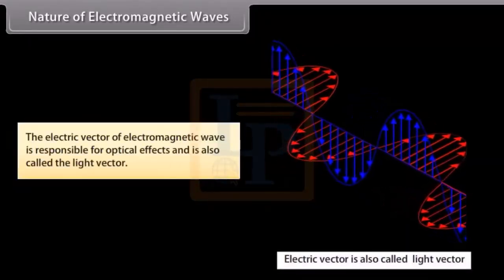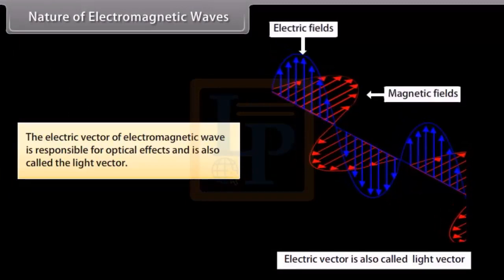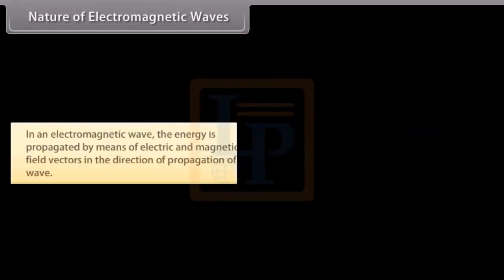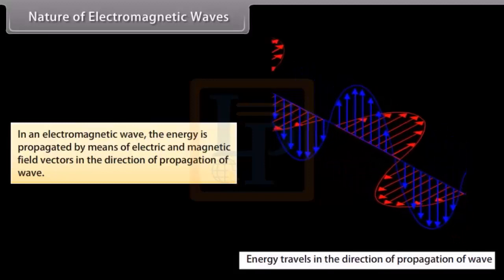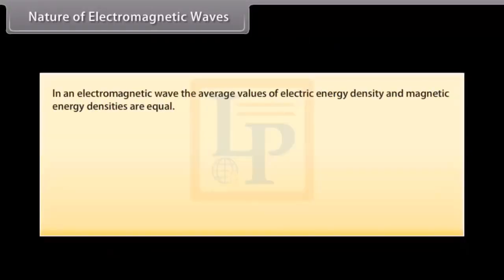The electric vector of an electromagnetic wave is responsible for the optical effect and is also called the light vector. In an electromagnetic wave, the energy is propagated by means of electric and magnetic field vectors in the direction of propagation of the wave. The average values of electric energy density and magnetic energy density are equal.